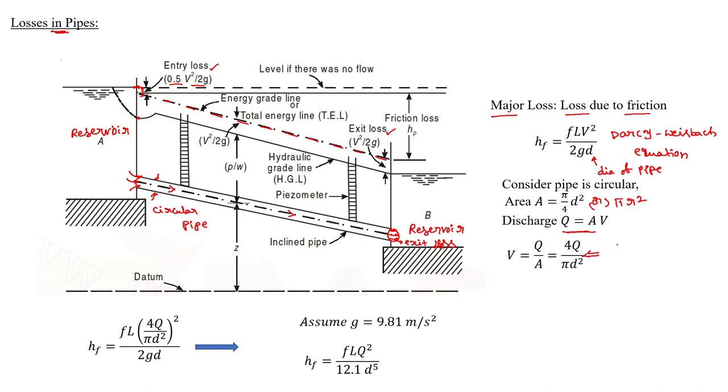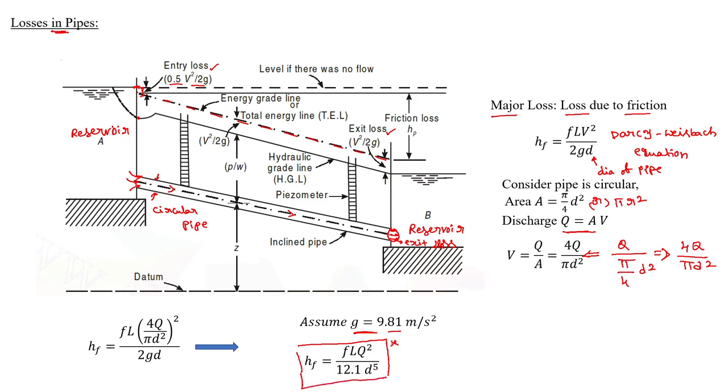I think you know how you got it, maybe I can derive one more time. Under this, the 4 will go up, so 4Q by pi d square. Then substitute in this particular equation, and if we assume g is 9.81, then the final equation comes as h f equal to f L Q square by 12.1 into d power 5.